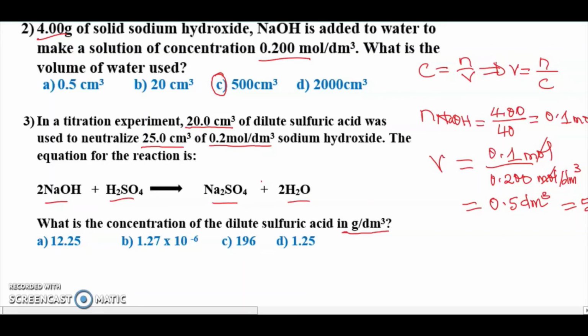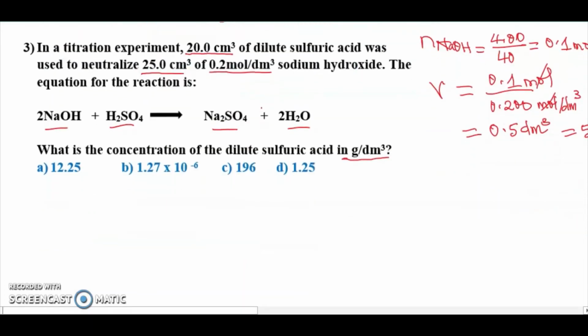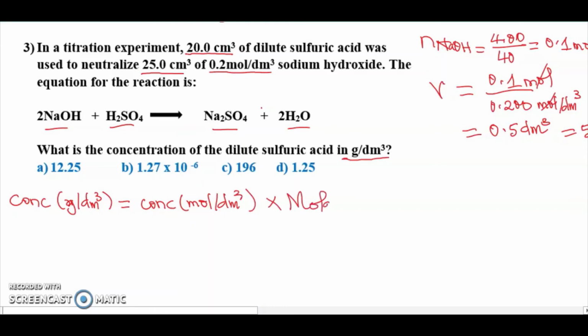Now, we know that concentration, so here we want to calculate the concentration of the dilute acid. So concentration in gram per dm cube is equal to concentration in mole per dm cube multiplied by the molar mass.